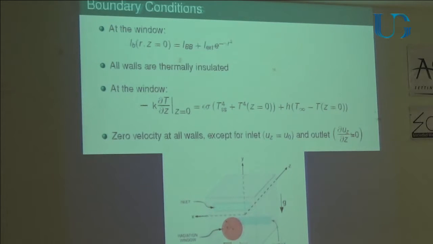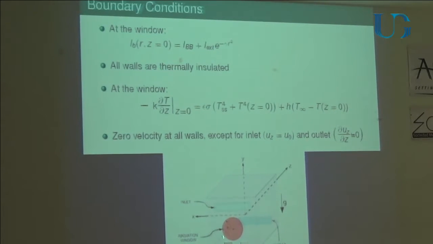This is to simplify the model. Then we need also boundary conditions for the temperature, and we assume that the boundaries are also thermally insulated.